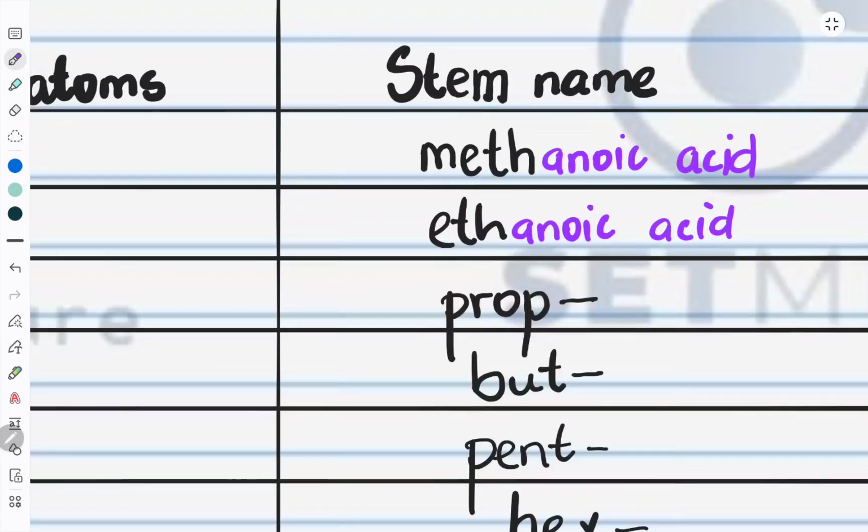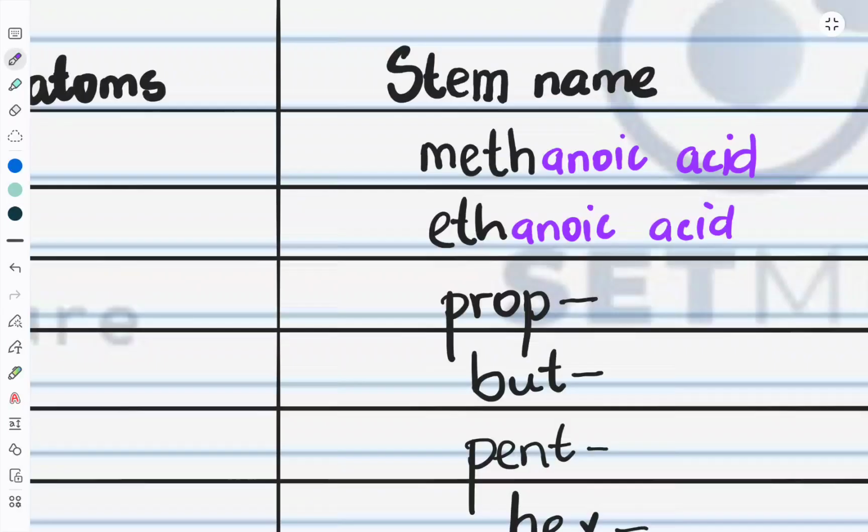So what happens is, if this carboxylic acid does not have any other substituents, it's just a chain that has the carboxyl group attached to it, then all these stem names will become the IUPAC name of that compound, right? Unless that compound has other substituents, then it might change.